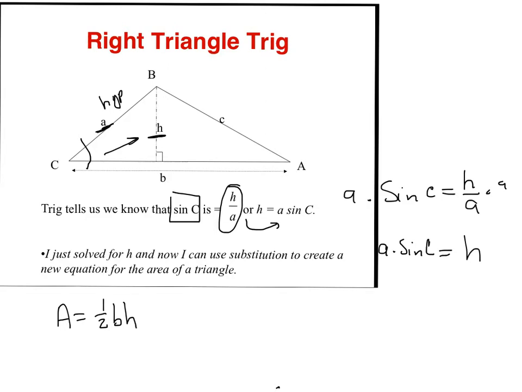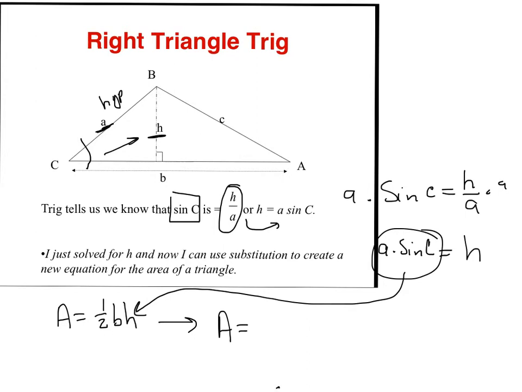Because they're the same, I just substitute it in for h. So I have another formula for the area of a triangle: 1/2 side A times side B times sine of C.